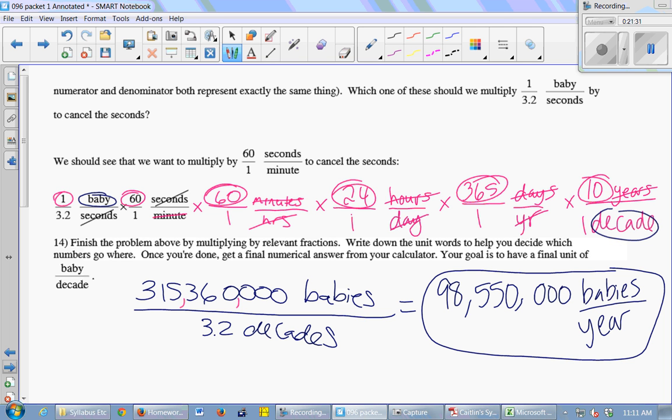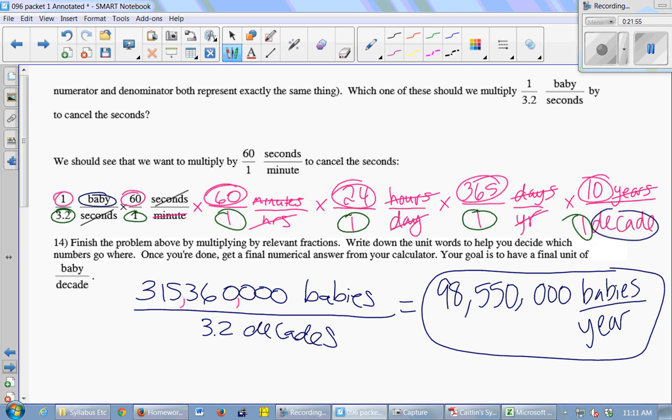And then all the numbers in the bottom got multiplied, just that they were mostly ones. I had 3.2 times 1 times 1 times 1 times 1 times 1, 3.2. And then I divided the 315 million by 3.2.